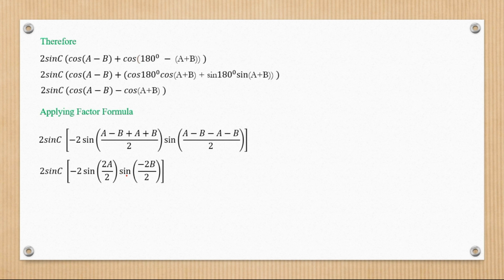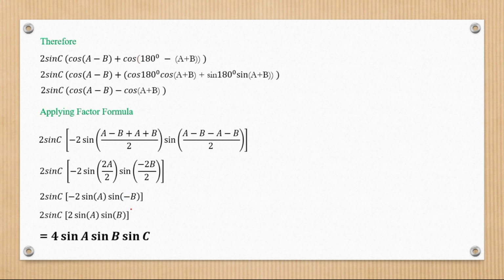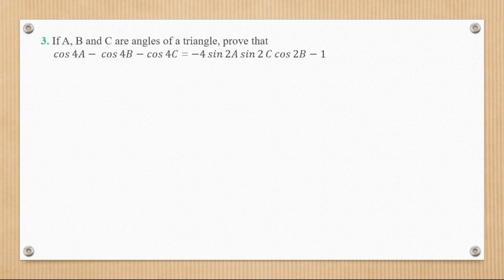But now because we have a sign here, this negative will multiply this negative, and we'll end up with that. Actually these 2's first cancel, then you end up with that. So this negative affects this negative, and then we end up with that. So hence we've proved that it is equal to 4 sine a sine b sine c. As easy as that. All right, let's move to the next one.